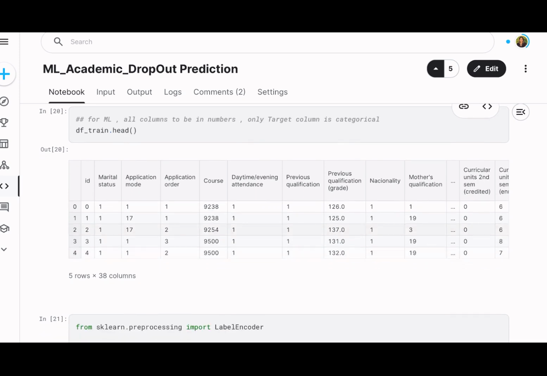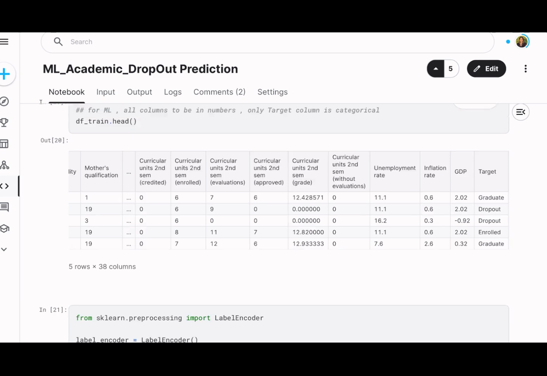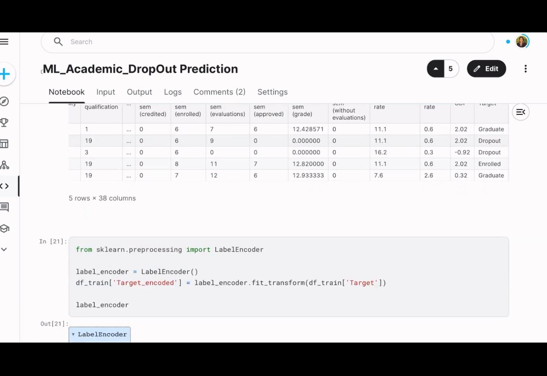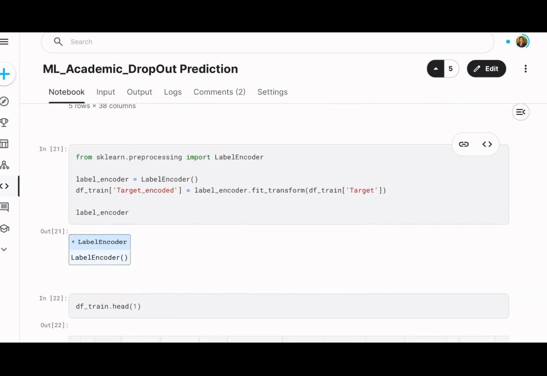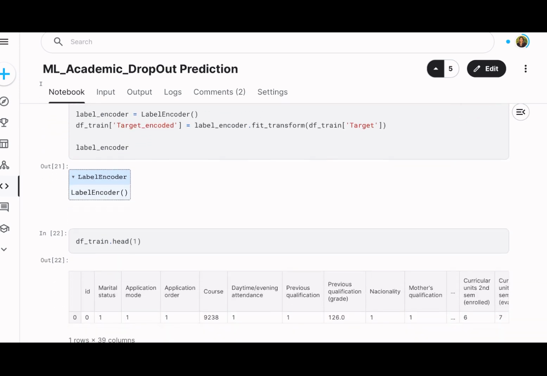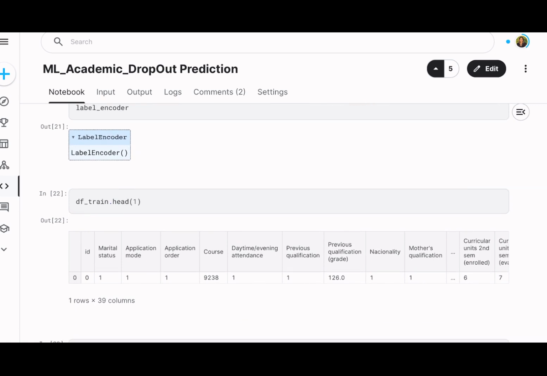Now we are almost ready to apply the machine learning, and the steps are pretty simple. First, we use the label encoder to transform our target column into the form 0, 1, 2.